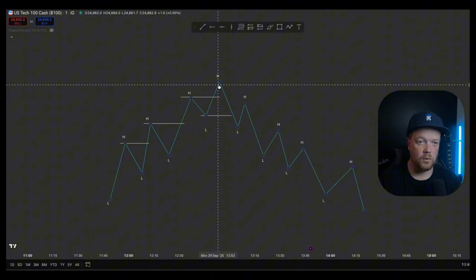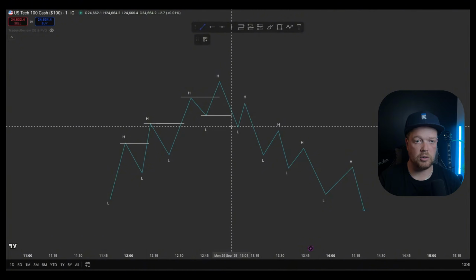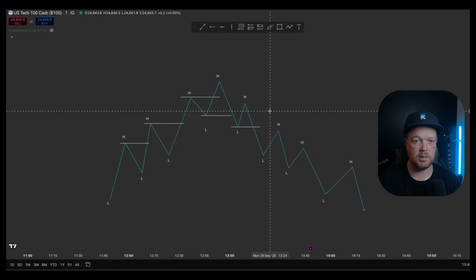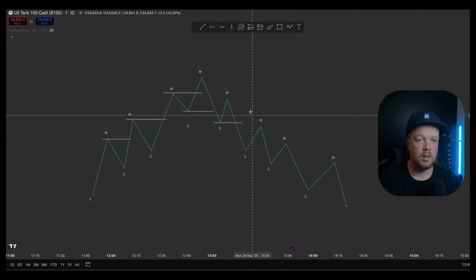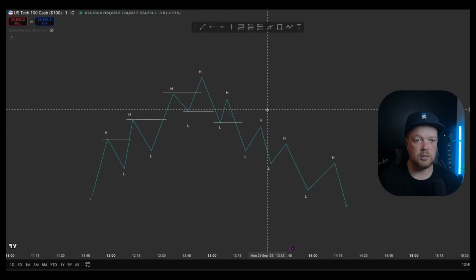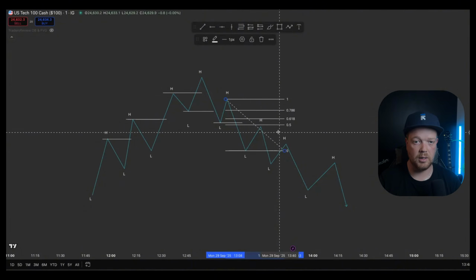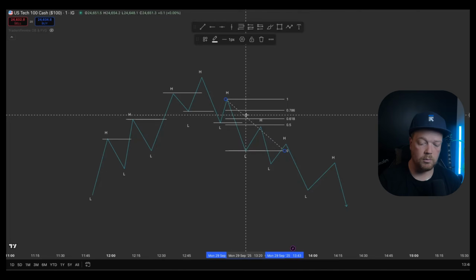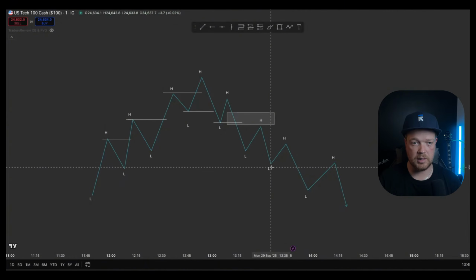The low that formed this high needs to be taken out, and for an extra confirmation you can wait for the second leg to be taken out, and this is where you can take your conservative entries on the lower time frame. So you can use a confluence such as a fib, an order block, a fair value gap, some point of interest that's resting right here for price to react into, and then we can enter our full move to the downside.